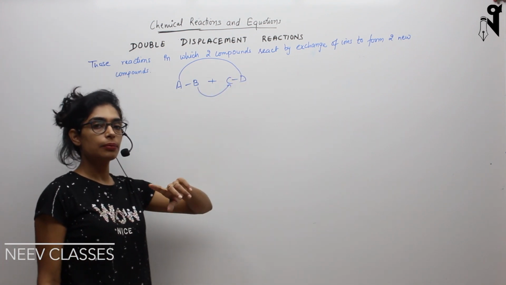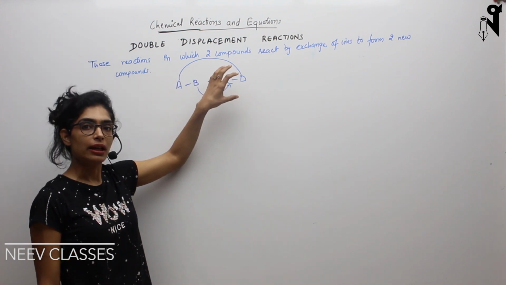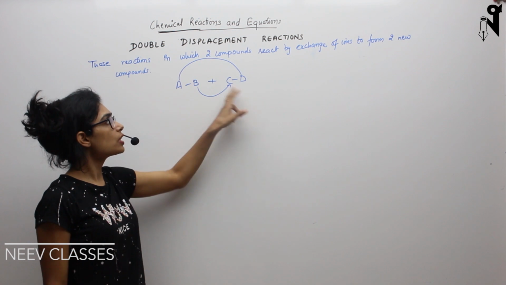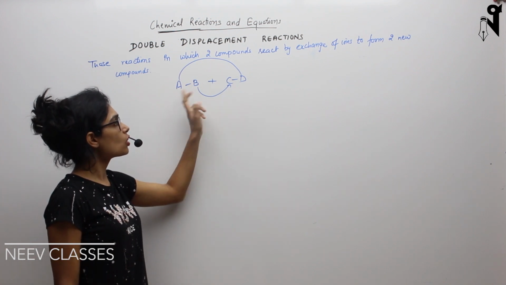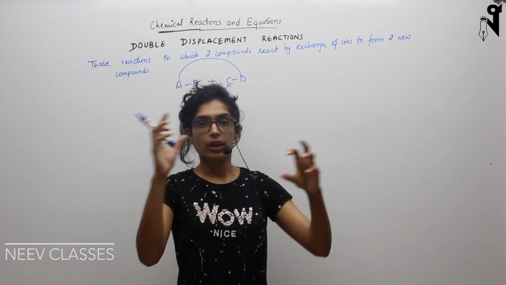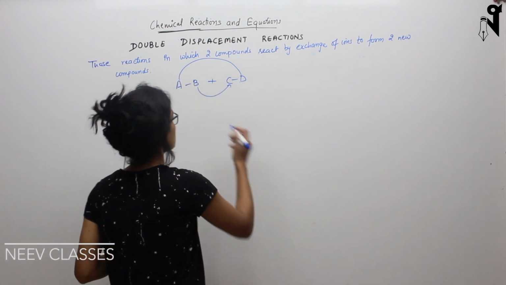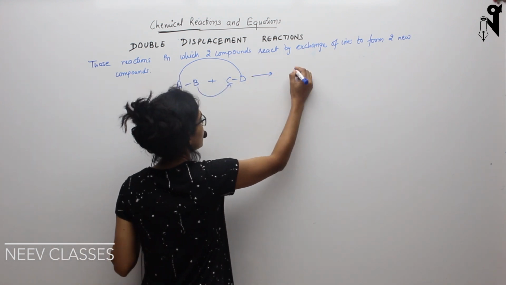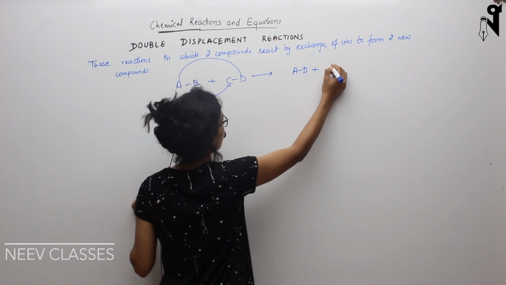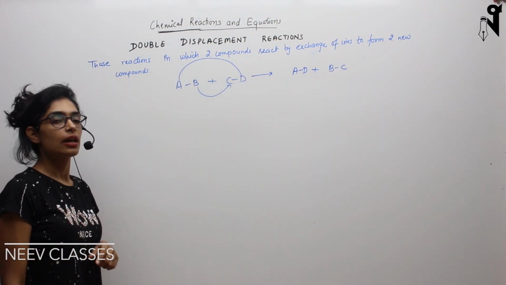In the earlier reaction, there was one compound and the other was either a metal or a non-metal. Now here both the species which are reacting are compounds and we are displacing their ions. Their ions are getting exchanged and the products are forming. So this kind of exchange is called a double displacement reaction.